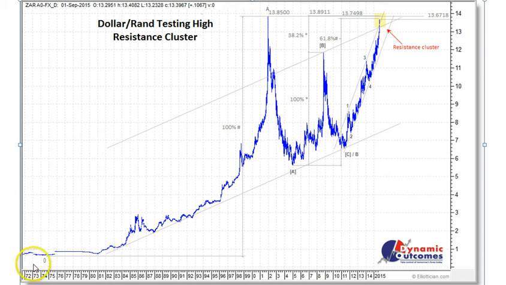As you can see, we've had this move from early 70s up to 2001, and then we've had a three-wave correction here which completed in 2011, and since then we've had a 1, 2, 3, 4, and we're in now the fifth wave.